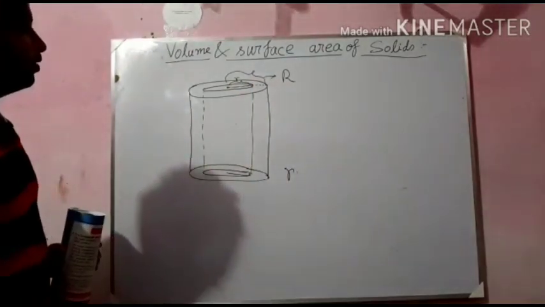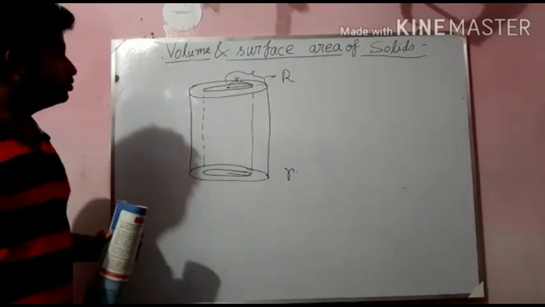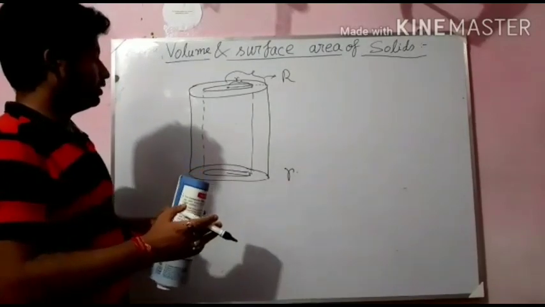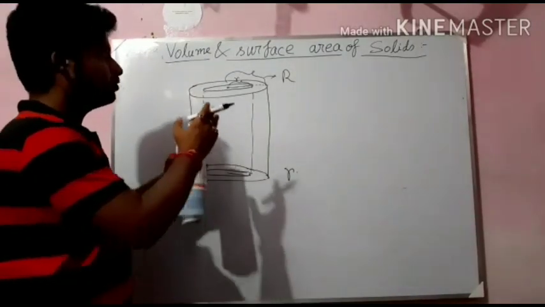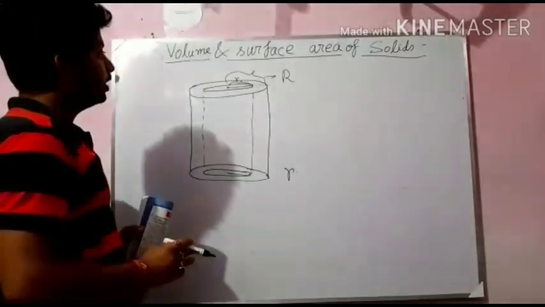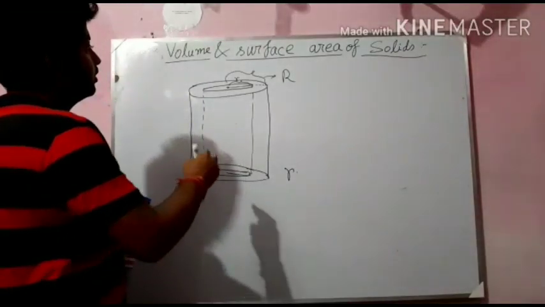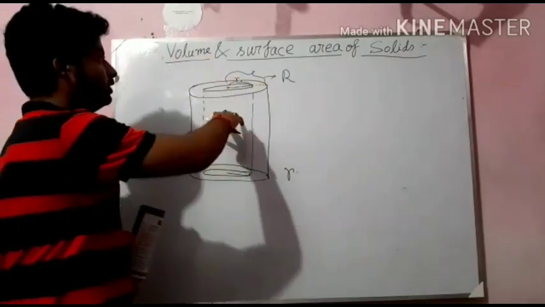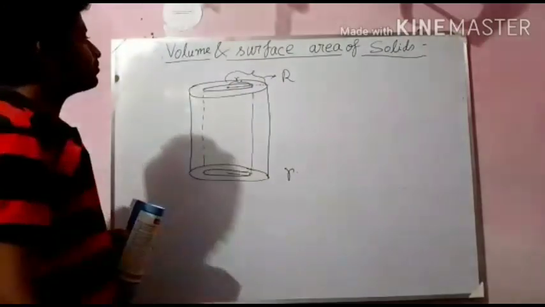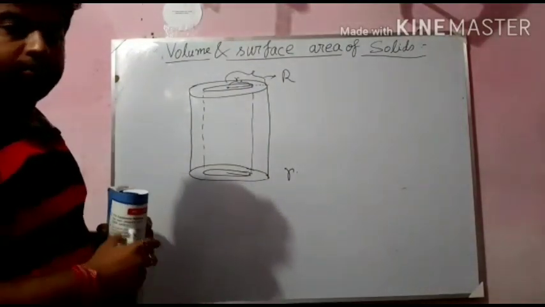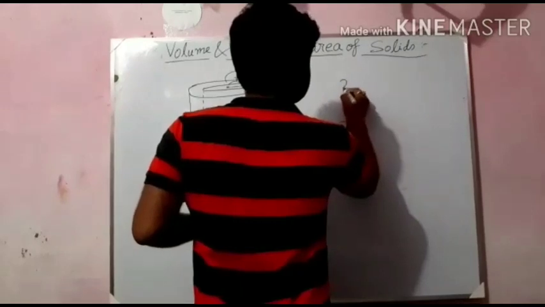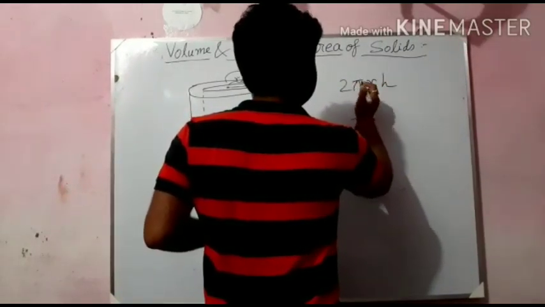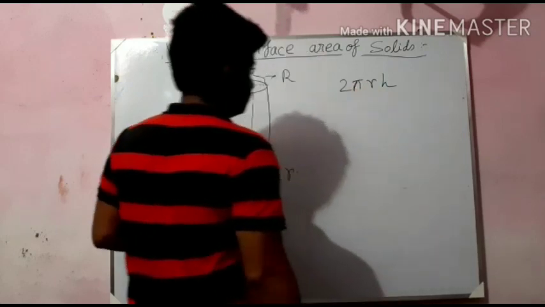Okay, now we have here two cylinders together, right? So if we are going to calculate the total surface area of this hollow cylinder, then at first we have to calculate the surface area of the outer surface and the surface area of the inner surface. We know that the curved surface area of a cylinder is 2 pi rH unit, right?